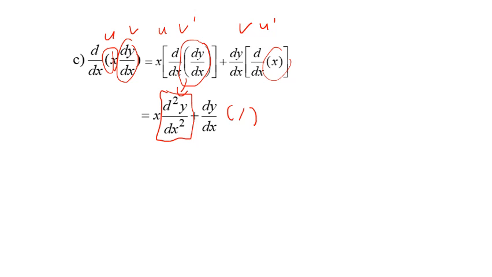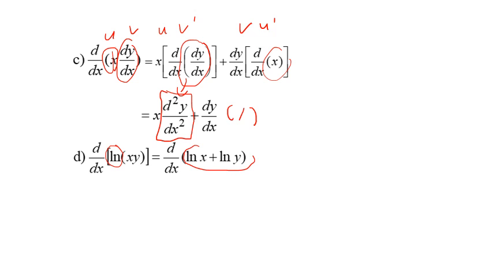That is x times the second derivative of y with respect to x, plus dy dx. Okay, now for question D, we have ln xy. Remember, this is ln, and here we are using the rules of log.